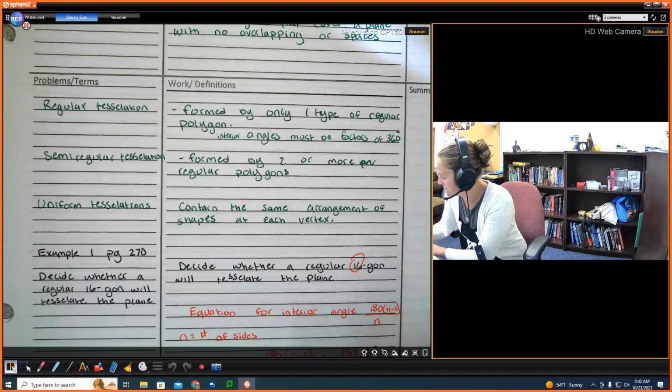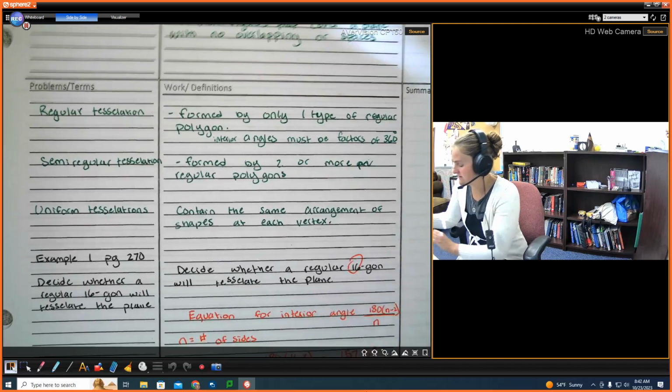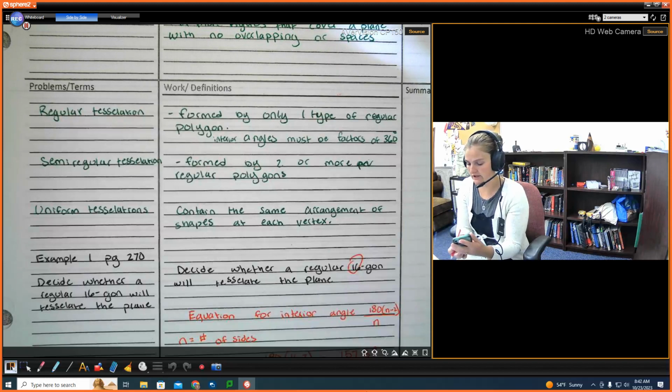So, this is not a factor, right? How can we decide if it's a factor or not? Yeah, if you divided it in a calculator, would it come out evenly?